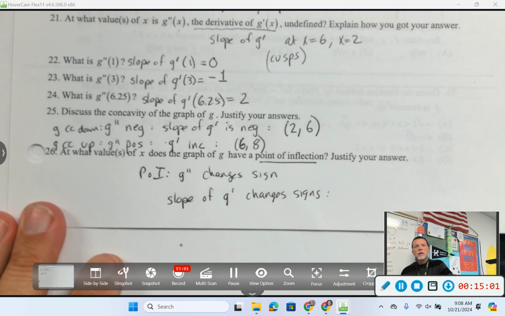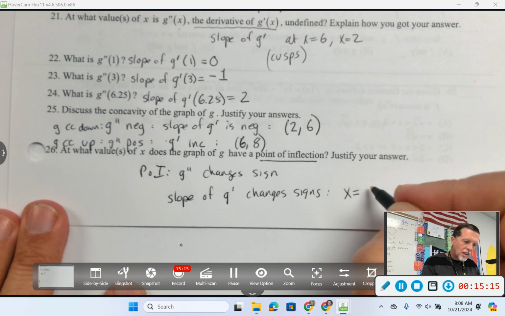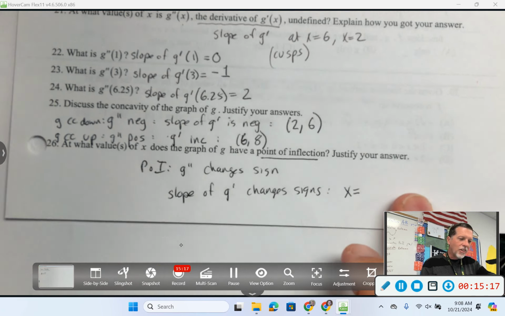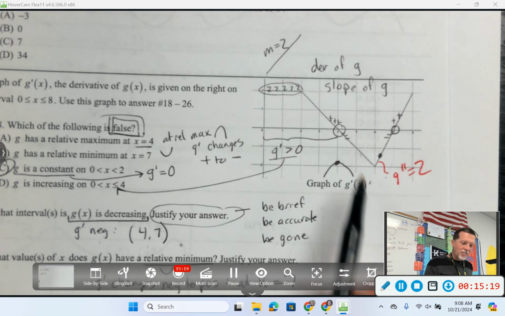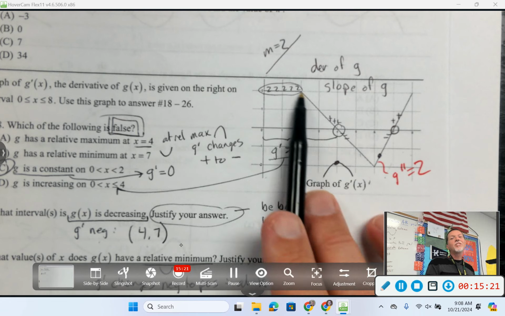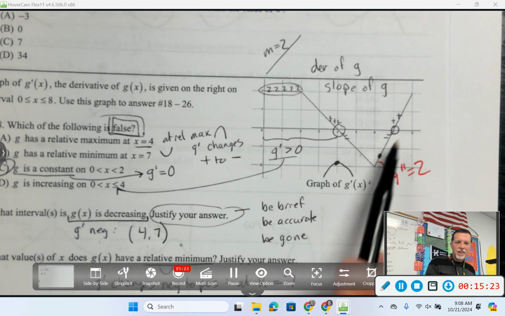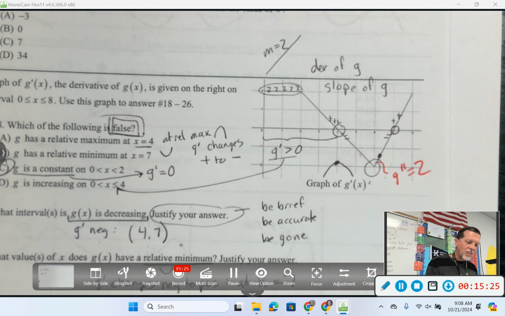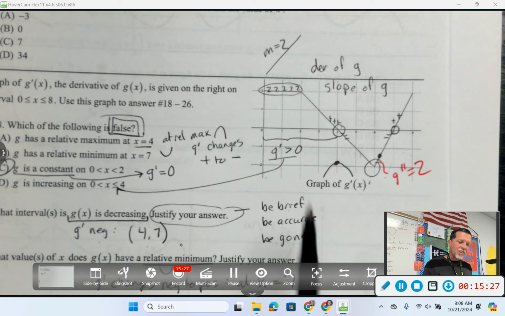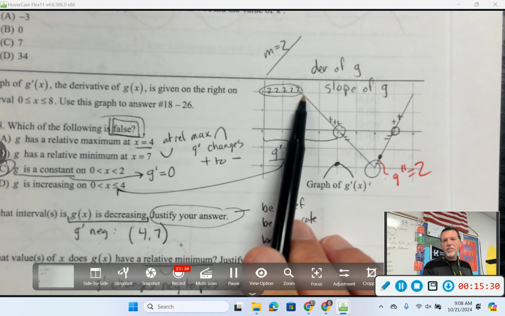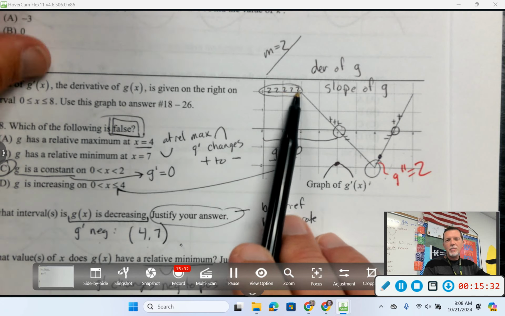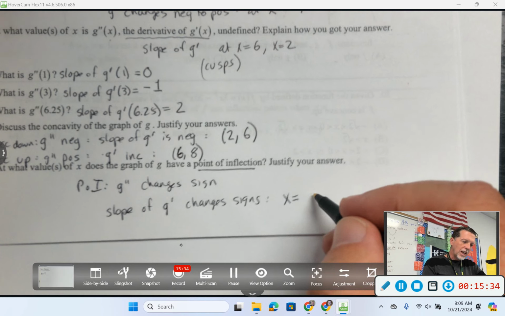So where does the slope of G prime change signs? Careful. G prime changes signs at 4 and 7, but the slope of G prime changes signs at 6. It changes at 2, but it doesn't change signs because 0 is not positive or negative. So only at x equals 6.